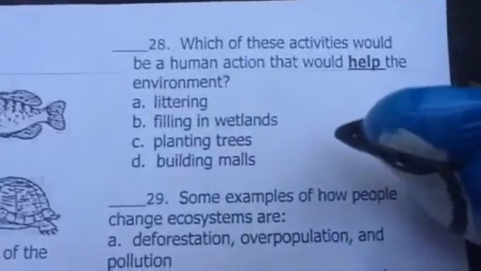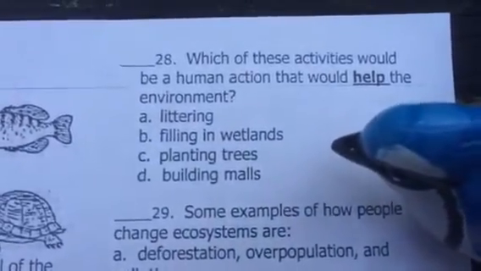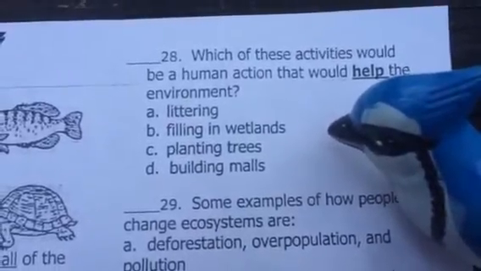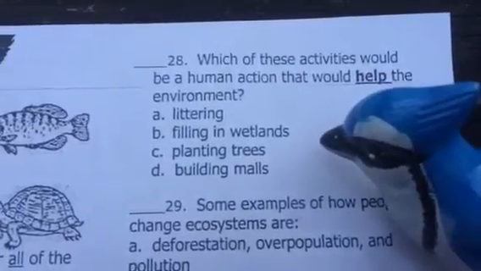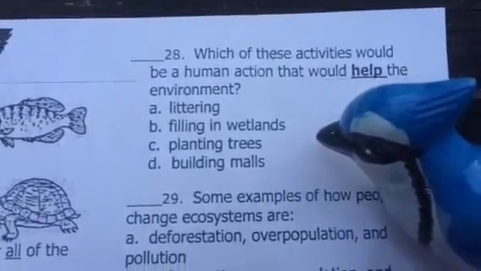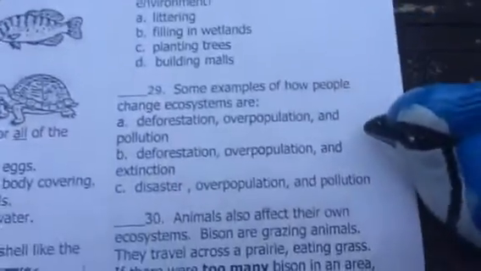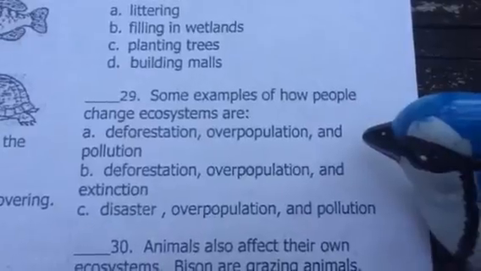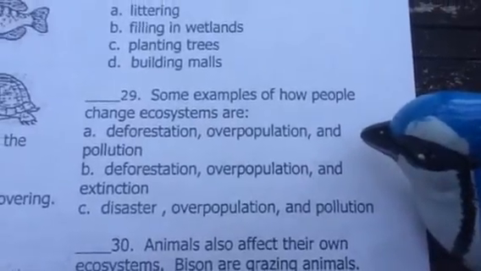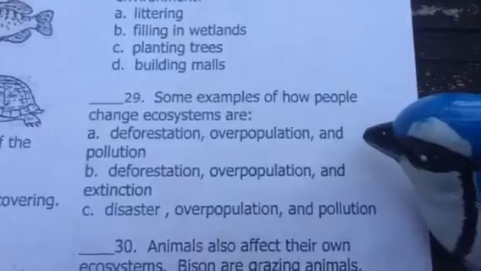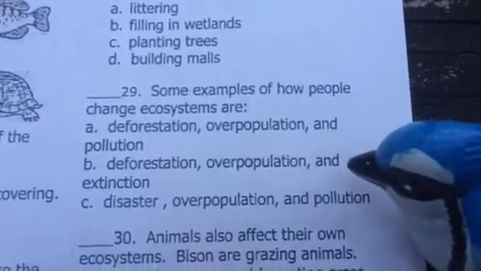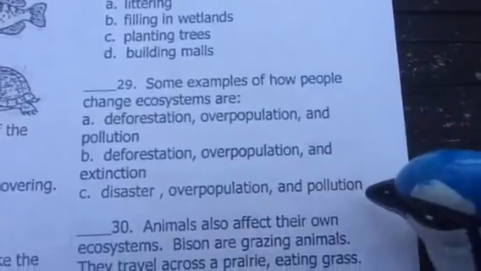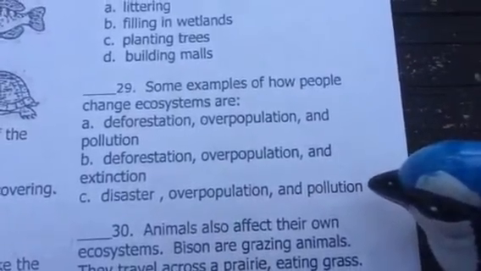Which of these activities would be a human action that would help the environment? A. Littering, B. Filling in wetlands, C. Planting trees, D. Building malls.